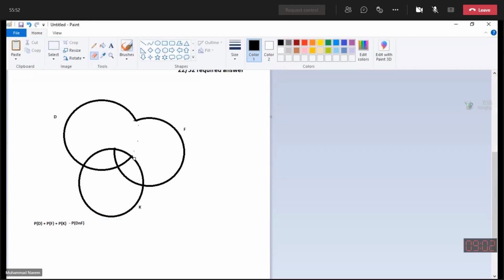Subtract this intersection one time. One layer. Subtract one layer from here. Remember, when we subtracted this intersection, we are having in the center two layers.